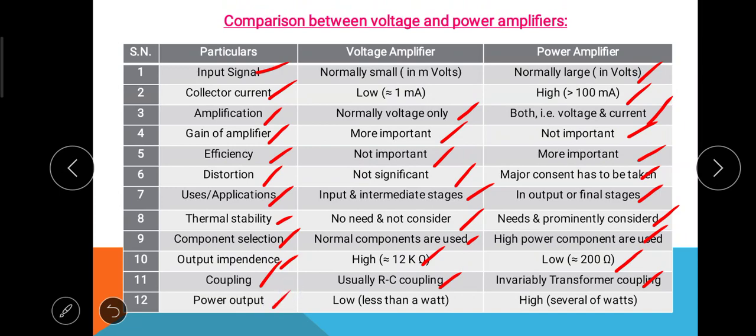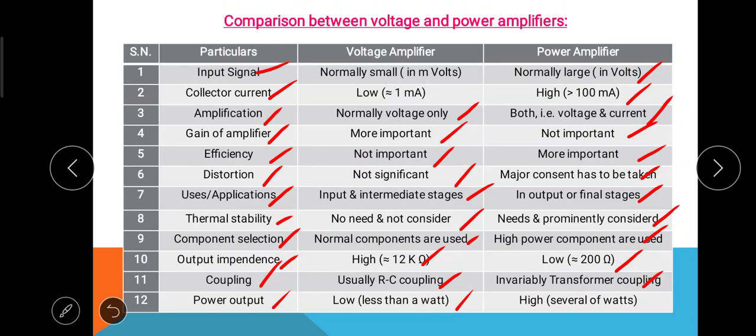Next particular is about power output. Normally in case of voltage amplifiers, low power is used. I mean to say the output power level is normally low and its typical value is less than a watt.